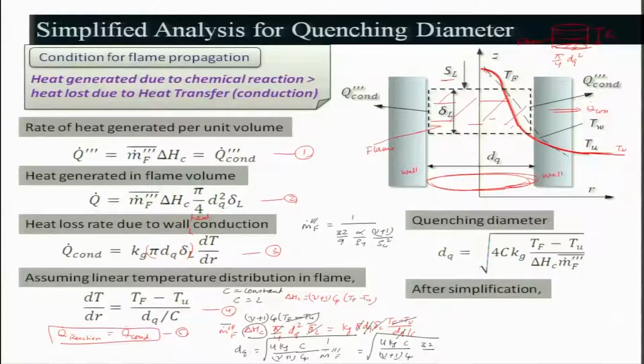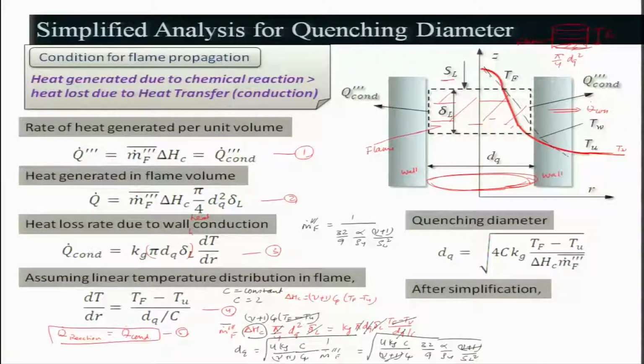I will get 32 by 9 alpha by rho u nu plus 1 S L square. So, if you look at nu plus 1, this will cancel out.